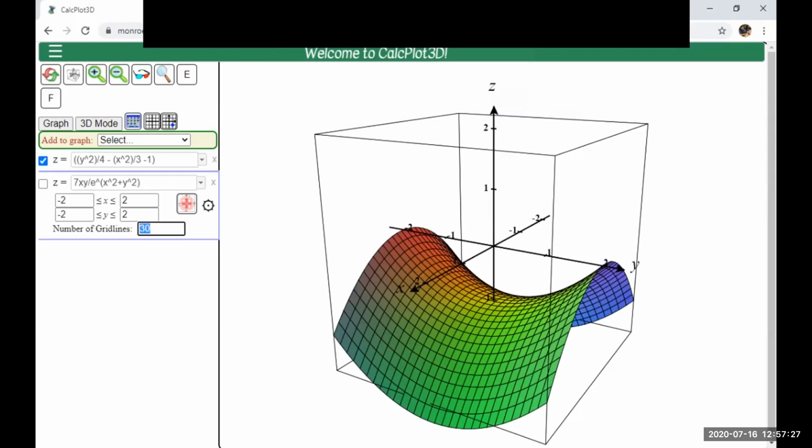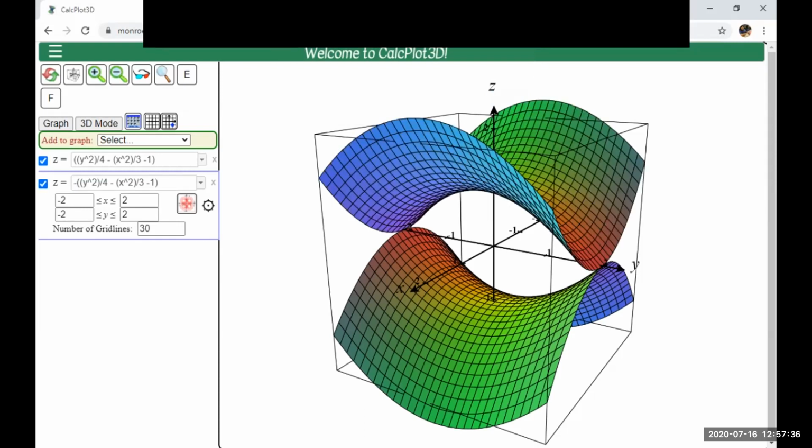Am I right? It might not be right, but we would understand what the problem is. Okay, I made a mistake. So z squared would be y squared over 4 minus x squared over 3 minus 1.